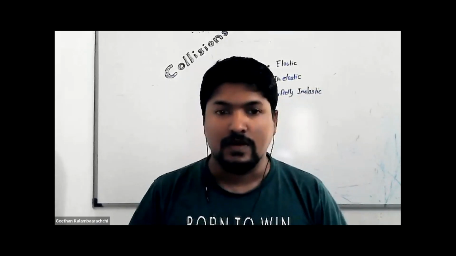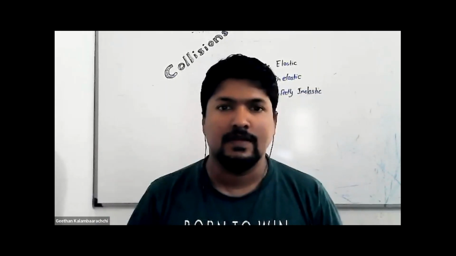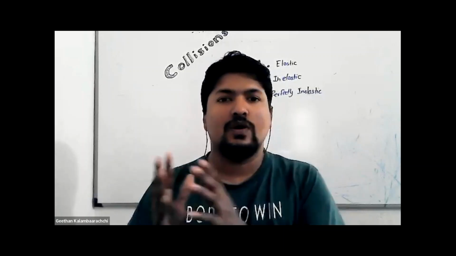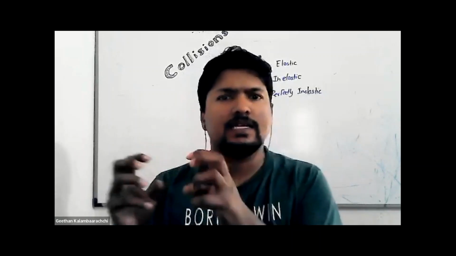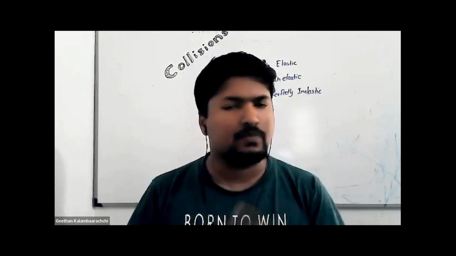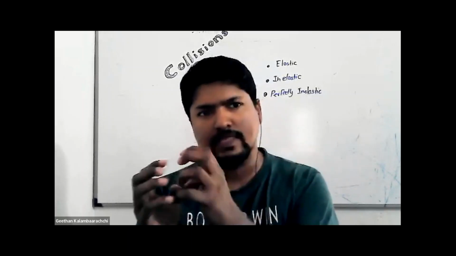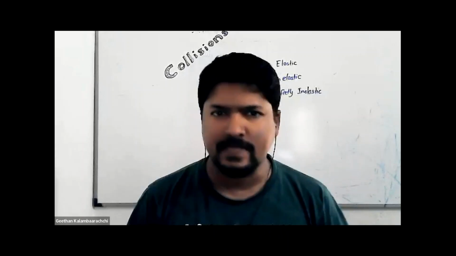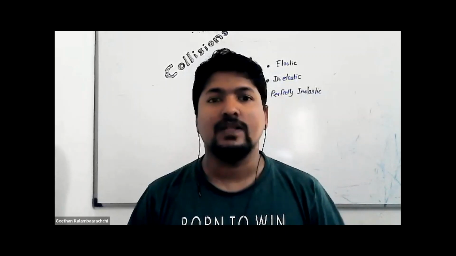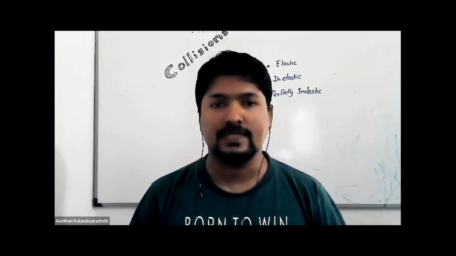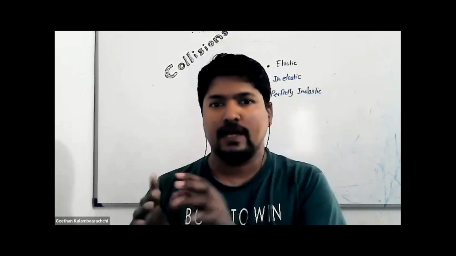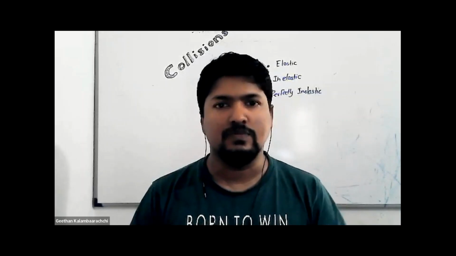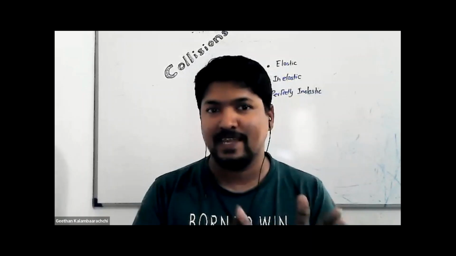And also, if you want to check what happens when identical masses collide, we found that one transfers its momentum totally to the other. There is a device to see this. Right? This is called Newton's cradle. If you type Newton's cradle on YouTube, you can find a lot of videos which show exactly this.